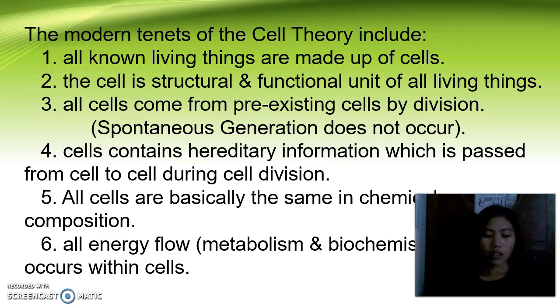It is the smallest functional unit which can exist independently. Third, all cells come from pre-existing cells by division, because the cell is the fundamental unit of structure and function in all living organisms.